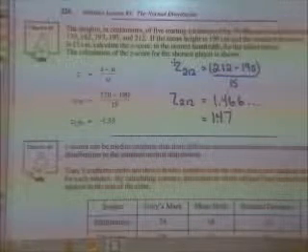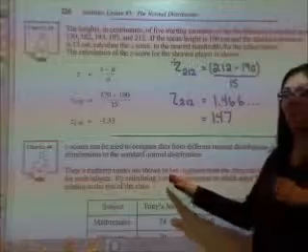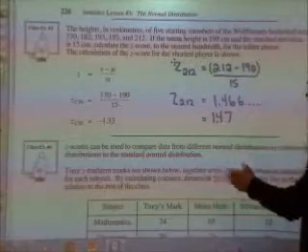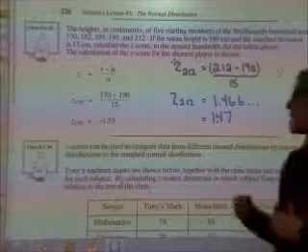If I convert everything to Z-scores, then I can come up with an accurate representation. Because if the class average and the standard deviation is such that in the physics class, my mark of 70 is actually more standard deviations away from the mean than my math mark of 80, I might actually be performing better in physics than in the other class.